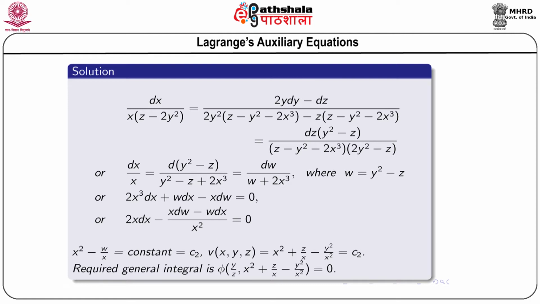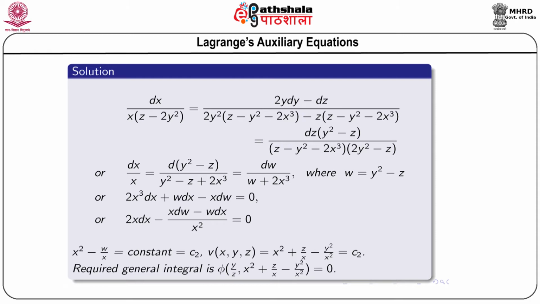We have manipulated this equation and we obtain an equation like this, which is written here: dx/x = d(y² − z)/(y² − z + 2x³) = dw/(w + 2x³), where w = y² − z.